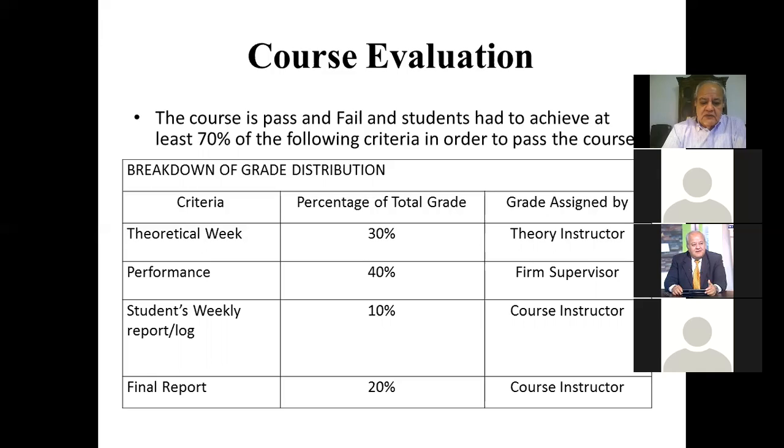And then is the students' weekly log and report. And these are the 4 reports that you will do during the practical weeks. This will be 10%. And we have the final report, which will be 20%. The final report will be required in the beginning of the full semester. So you have all the summer to update it and enhance it and add to it.